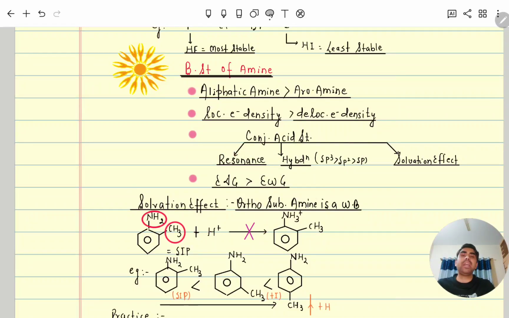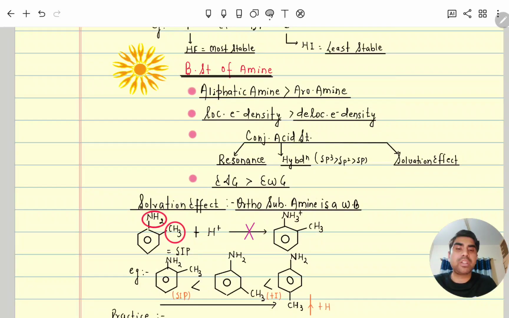So once again, aliphatic is more basic than aromatic amine. Then after that, localized electron density has more basic strength than delocalized electron density of amine. If these two are null and void, then you write its conjugate acid and then check its conjugate acid stability, not strength, stability. So through resonance, if it is stabilized, well and good.